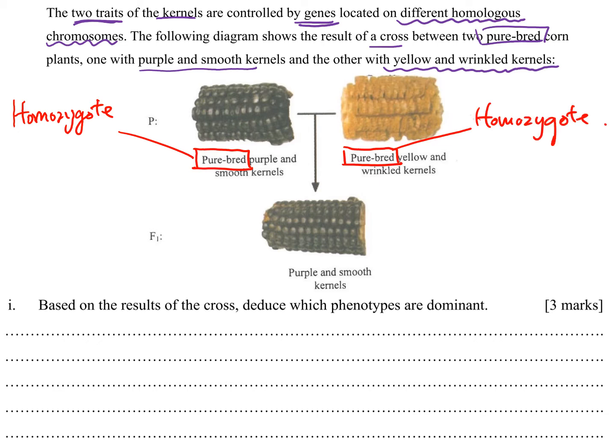From what you have learned in the previous lesson, for a homozygote crossing with another homozygote, what would be the offspring coming out? The offspring F1 must be a heterozygote.